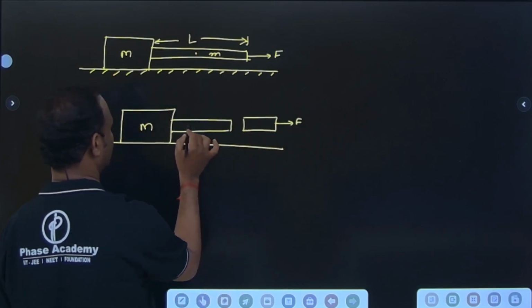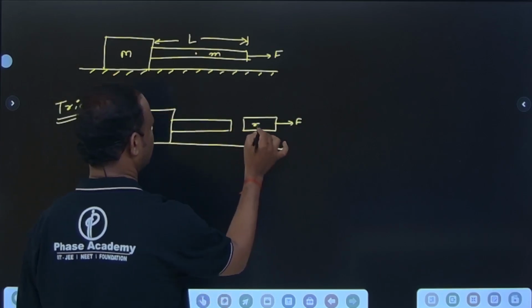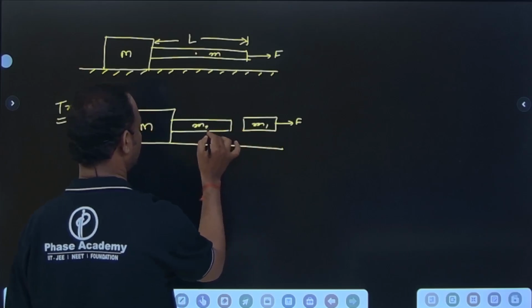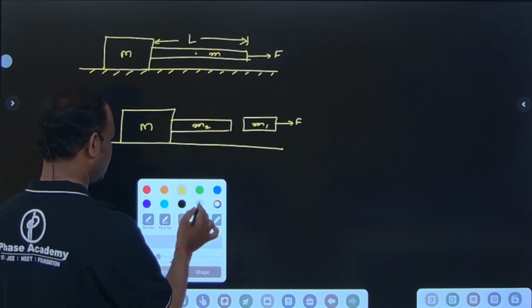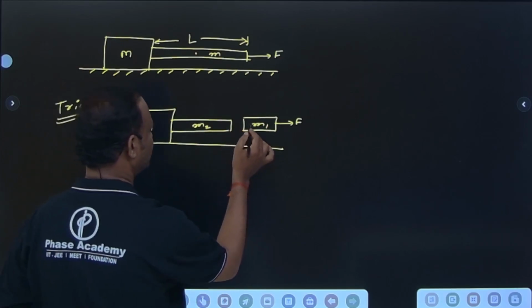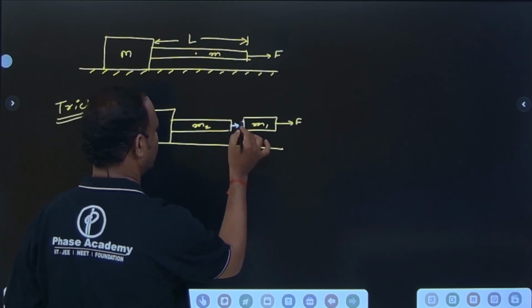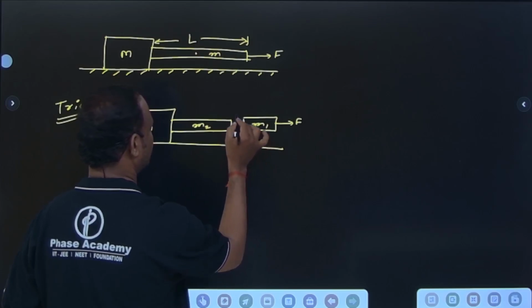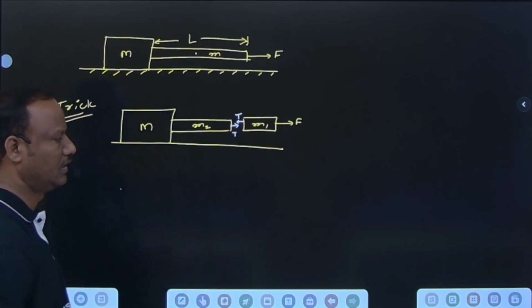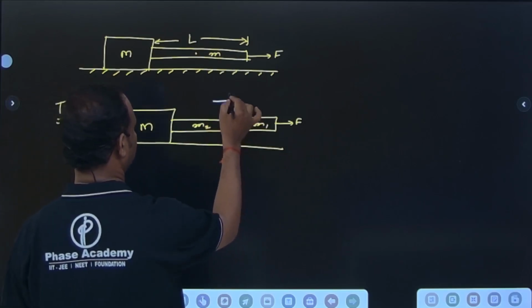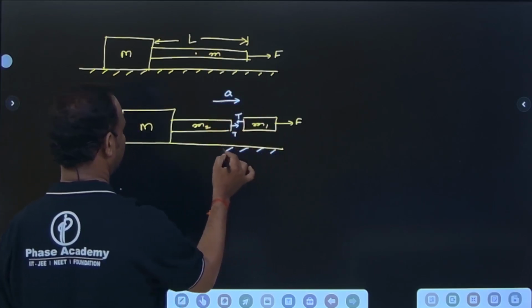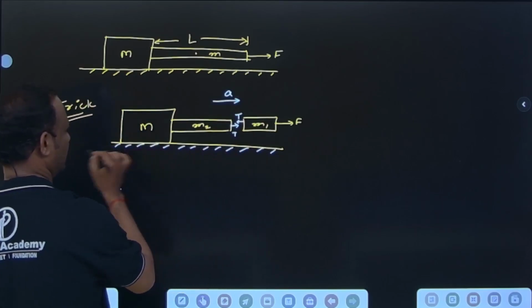Whichever force is acted by this one on the other, the same force acts back, which is the tension T. The applied force is in the rightward direction, and the acceleration is also in the rightward direction.